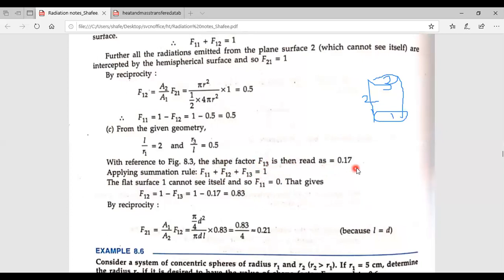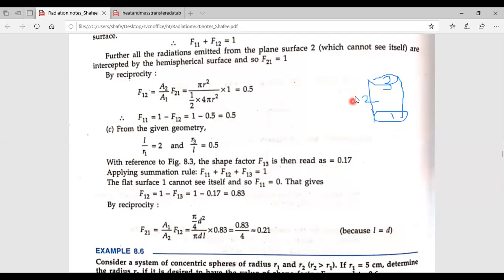F13 we already found, 0.17, and F11 is 0. What is left to find out is F12, so apply the summation rule. F12 is 1 minus F13, that is 0.83.